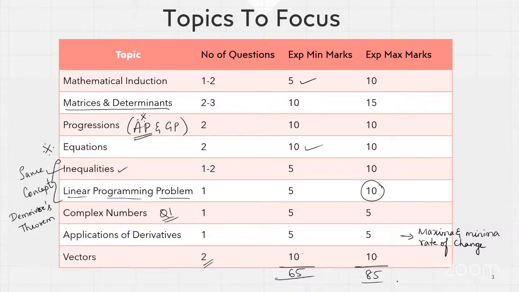This is 85 marks. You will get questions for 120 marks, out of which you are attempting 100 marks, right? You're having questions for 120 marks and you're attempting 100 marks. In this 120 marks, 65 marks, which is 50% of the questions, is very much predictable.